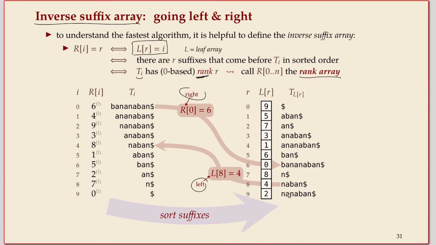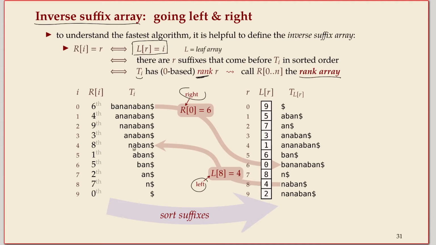Now, where does right and left come from? If you have an entry on the right here, so you have the 8, the rank, you can go with the suffix array, and it tells you where this starts. So it goes from right to left and tells you this suffix that has rank 8 in the sorted order happens to start at position 4.